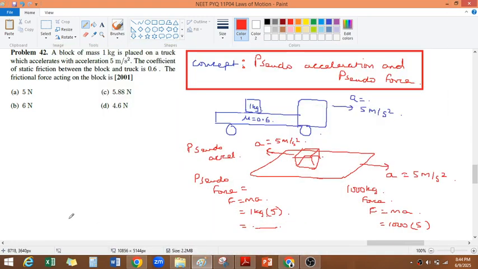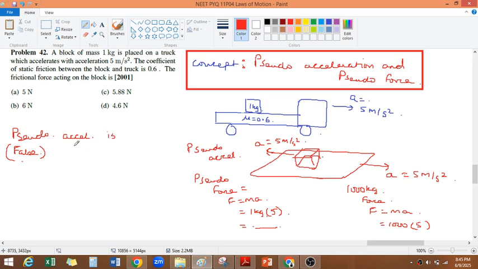So take it down, very very important concept. Pseudo, what do you mean by pseudo? Pseudo means false. So pseudo acceleration means false acceleration. When you get pushed in the car, nobody is actually pushing you backwards. It's just a pseudo thing. False force.